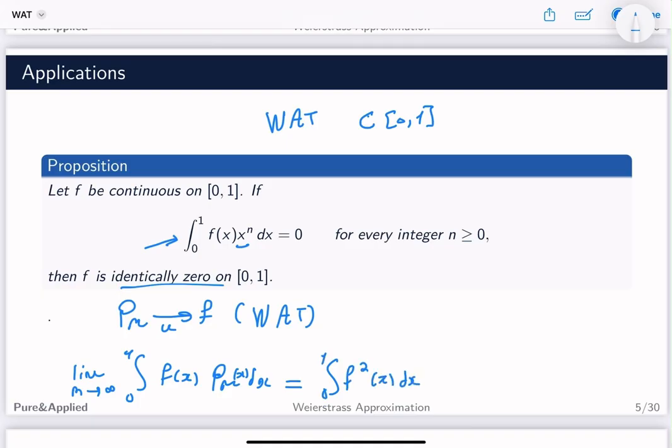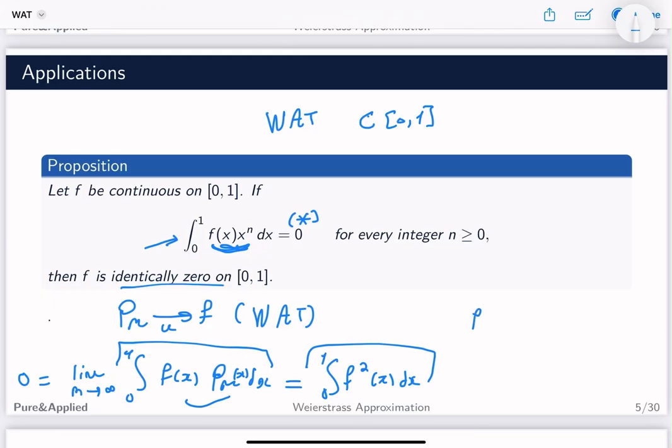But on the other hand, this is 0, because each of these terms is 0 by this fact. Because the integral is a linear operator, you can split it and see that each of these terms is 0, and hence the whole integral is 0, and hence the limit is 0. So we've shown that the L2 norm of the function is 0.